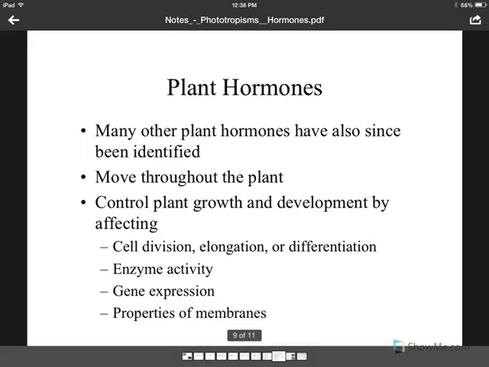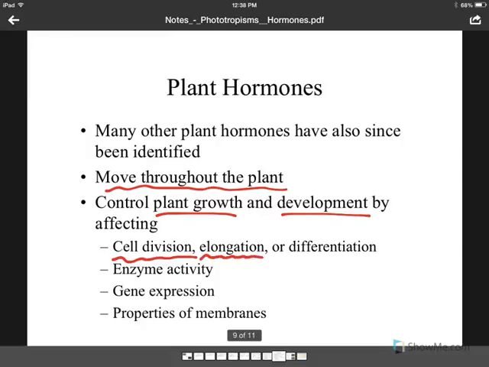Now, in addition to auxin and ethylene, there are many other plant hormones that have since been identified. Plant hormones can move throughout the plant, just like adrenaline can move throughout the human body. Many hormones can control plant growth and development by affecting cell division. Sometimes they speed up cell division, sometimes they slow it down.